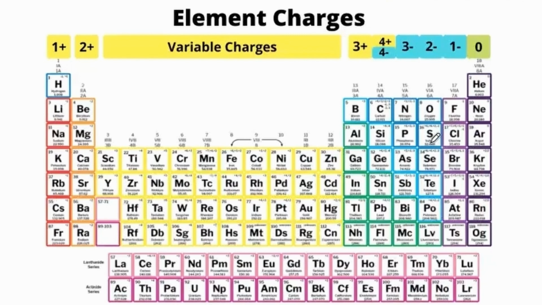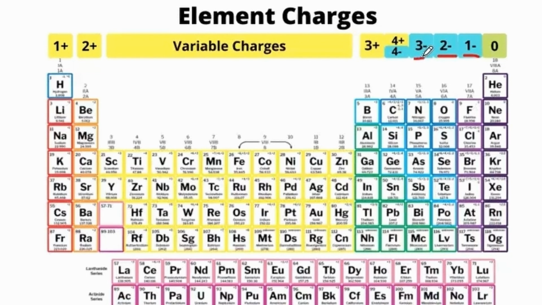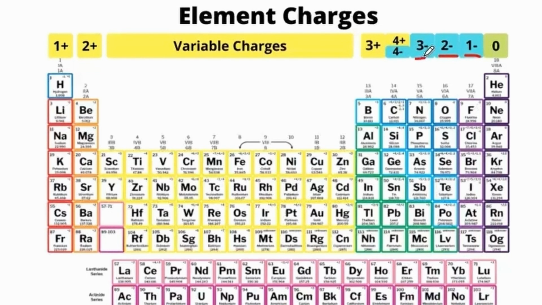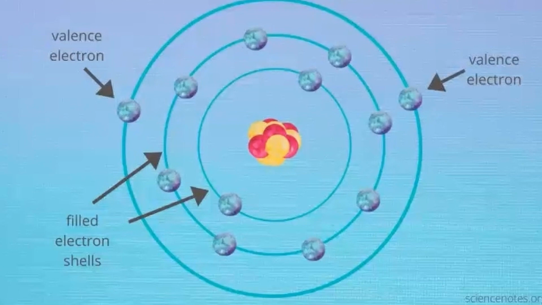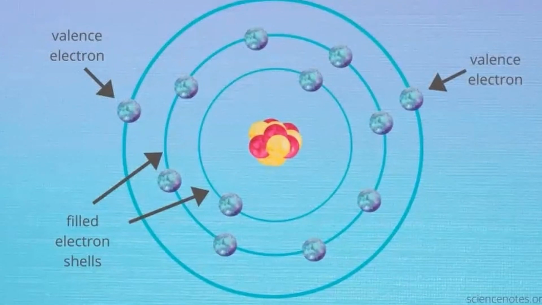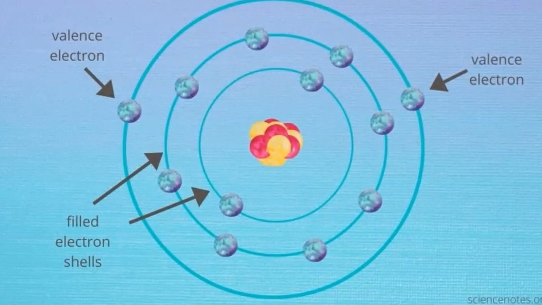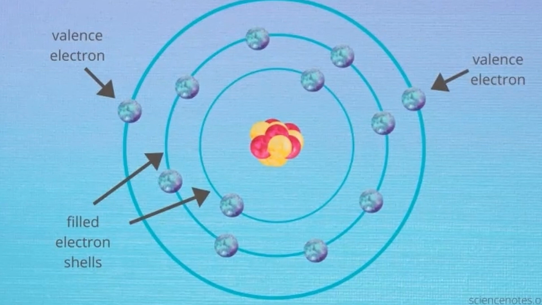Most of the non-metals are actually negatively charged. The gases are neutral. The halogens are -1. We have -2 and -3 charges, and we'll go into detail on these eventually. So the charges of ions and atoms are basically dependent on the numbers of protons and electrons that are present.